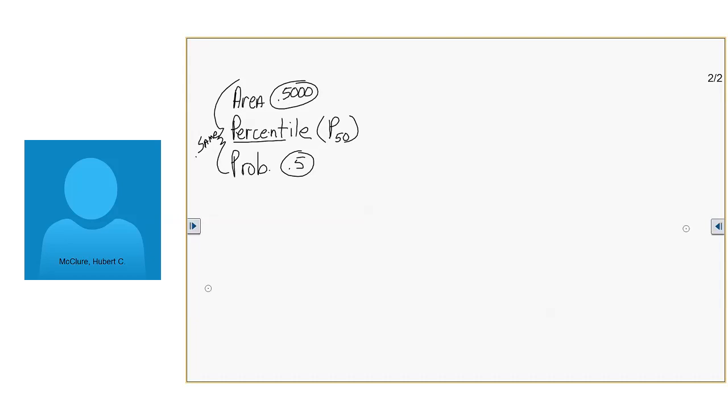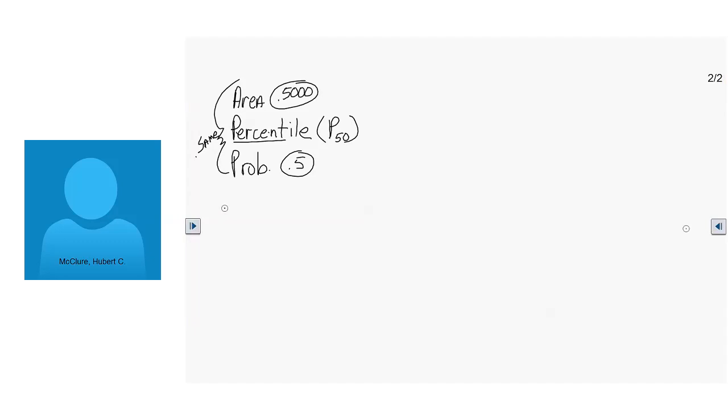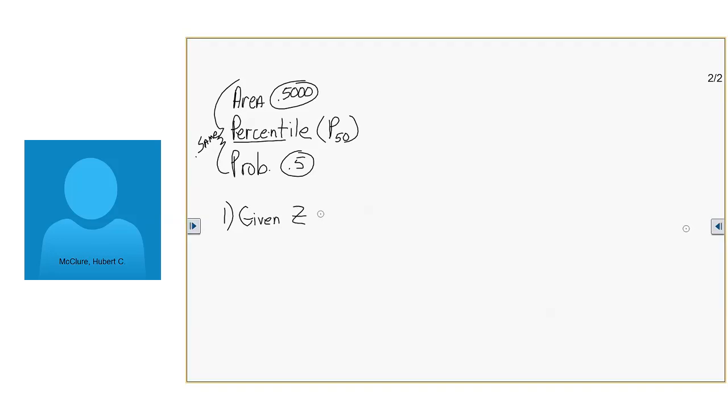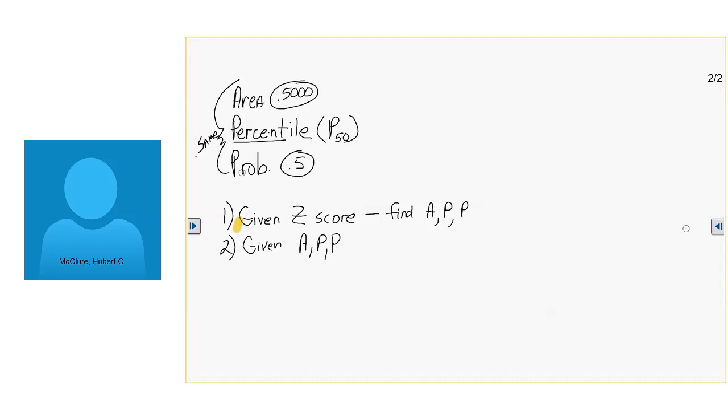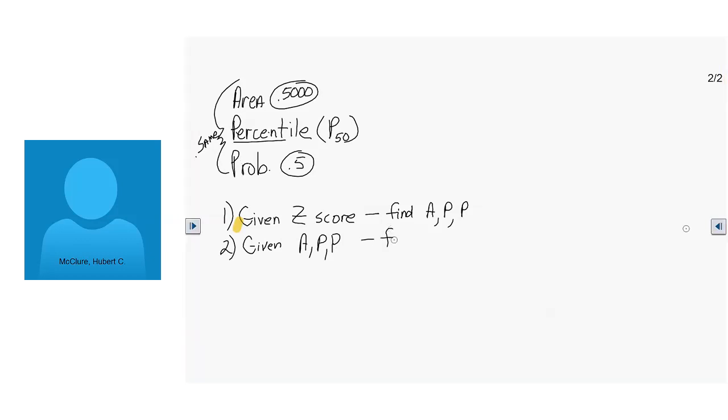Now with these type questions, you're either going to be given a Z-score or calculate the Z-score, whichever, and find the area, probability, or percentile. The second type problem in these problems is given the area, probability, or percentile, meaning given one of those, find the Z-score.